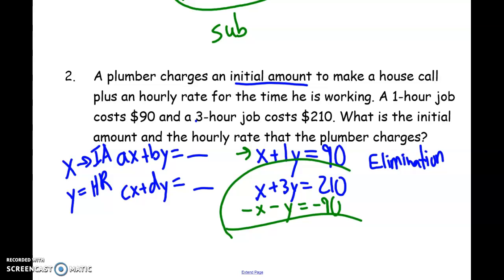Now this one I do need to solve for both x and y because the question is asking for both of them. Another question that could be added on is to find the initial charge and the hourly rate and how much it would cost for a 6-hour job or something like that. So again, there could be an added-on question that you do need to solve.